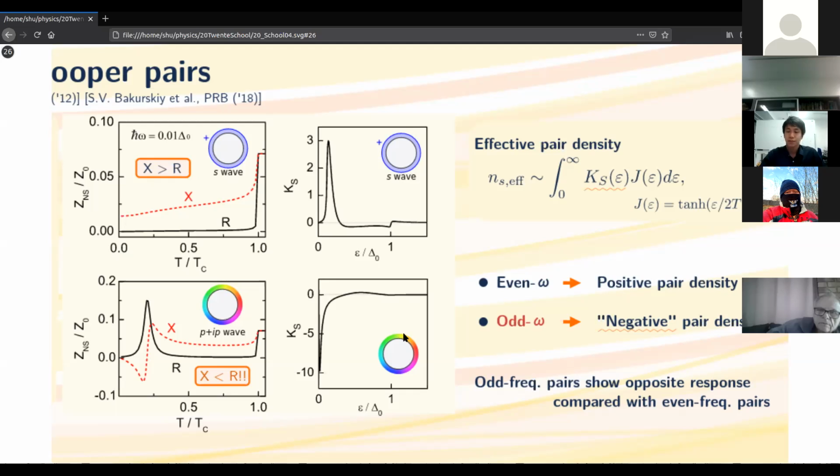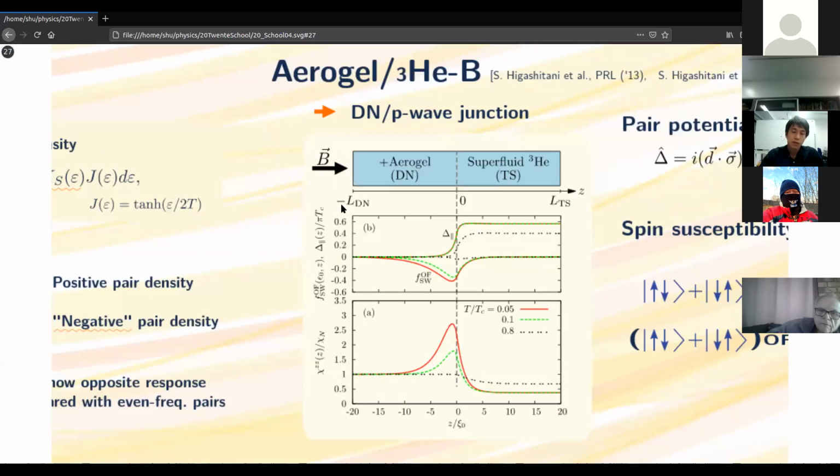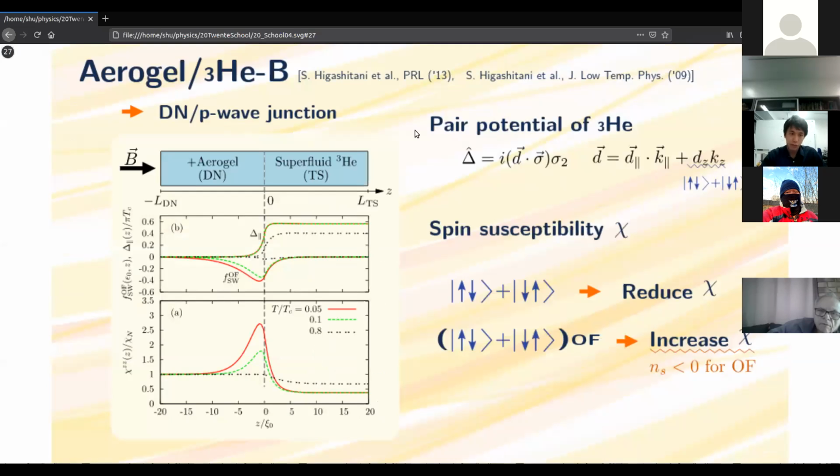And this negative pair density can be applied to the spin susceptibility in the aerogel helium-3 B-phase junction. Roughly speaking, this system can be regarded as a diffusive normal metal and P-wave junction. The system is shown here.